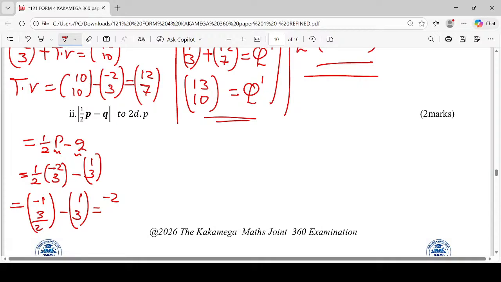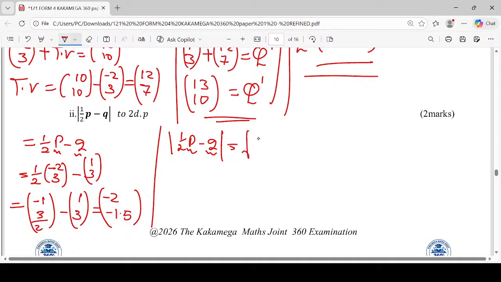Negative 1.5. But now when they talk about the magnitude, so the magnitude of a half P minus Q, this should be bars. The bars here show that it's magnitude. This is the square root of negative 2 squared plus negative 1.5 squared. All of this is under the square root symbol.